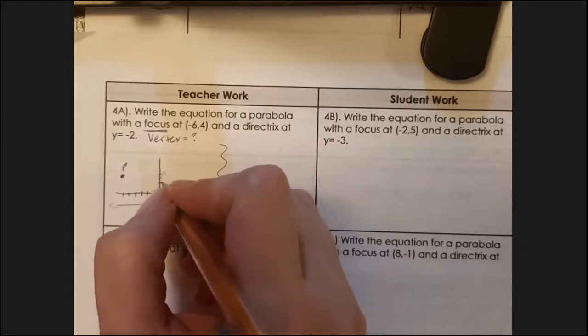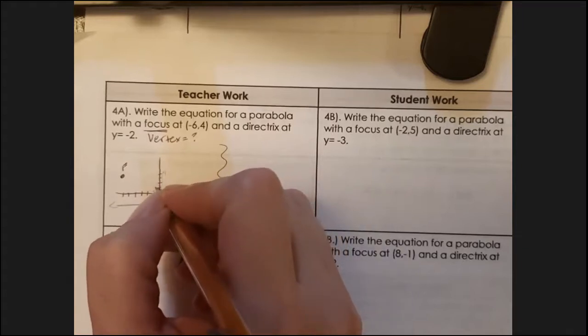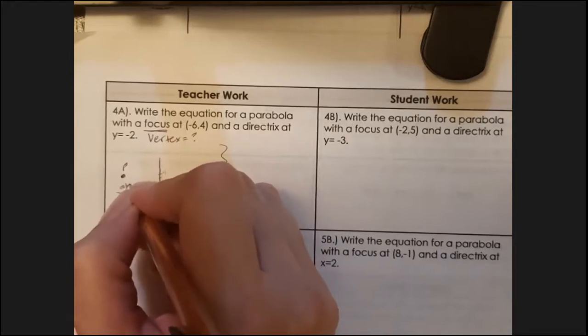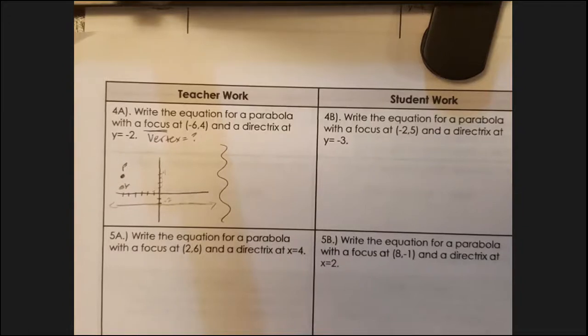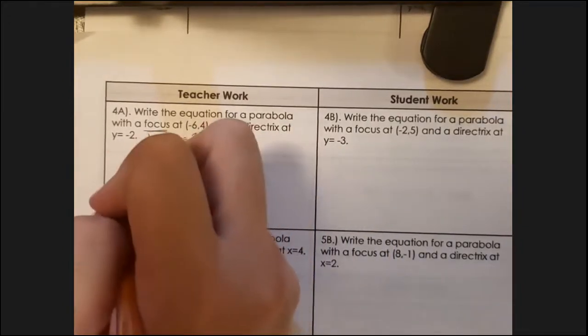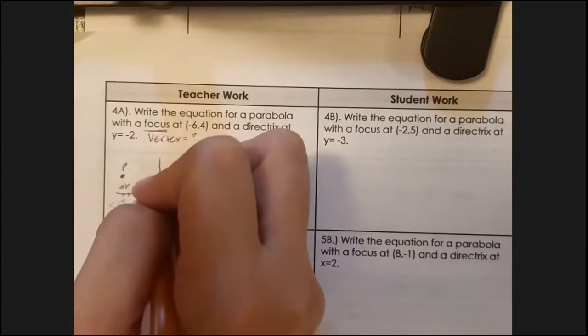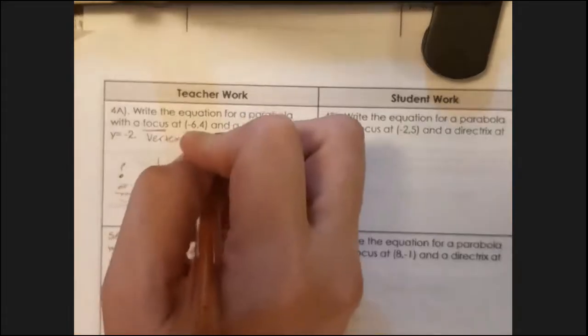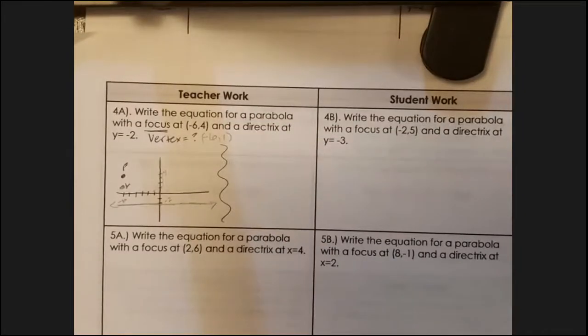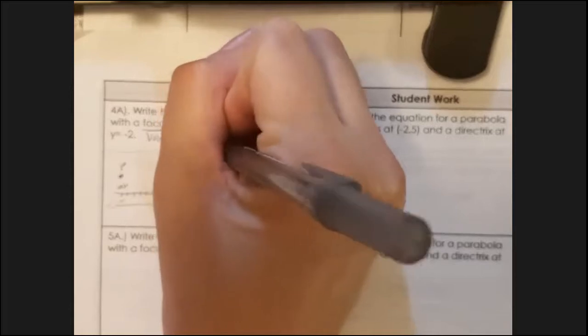So 1, 2, 3. So my vertex is right here. And the coordinates of my vertex are going to be -6, +1. So that's what I care about, is the vertex, -6, +1.